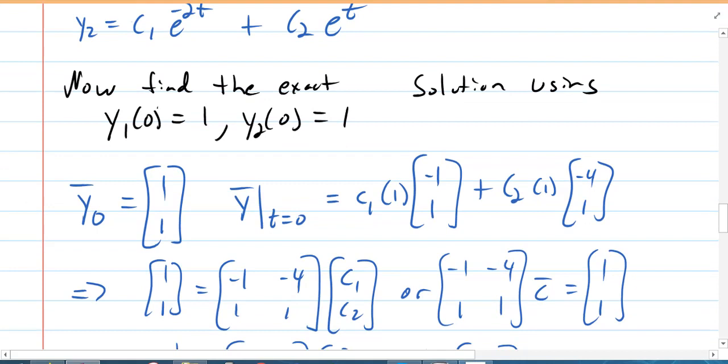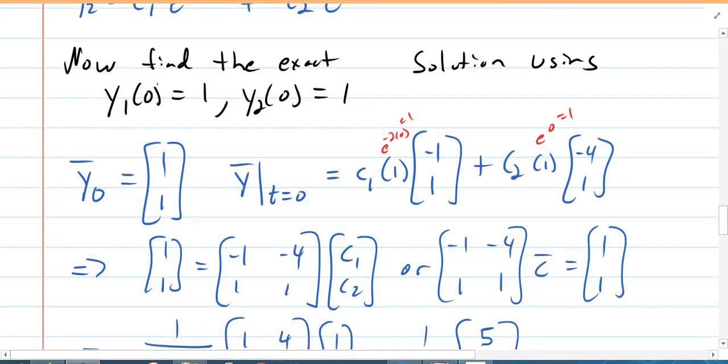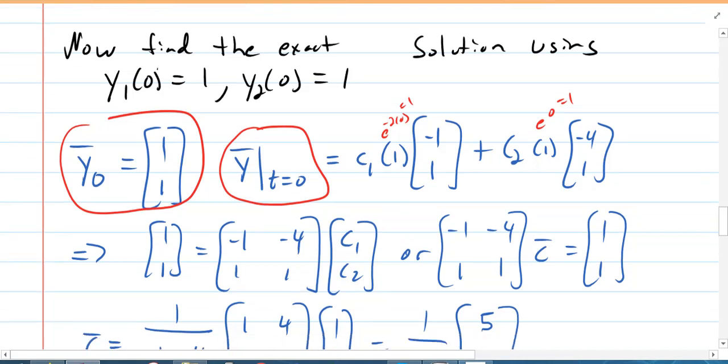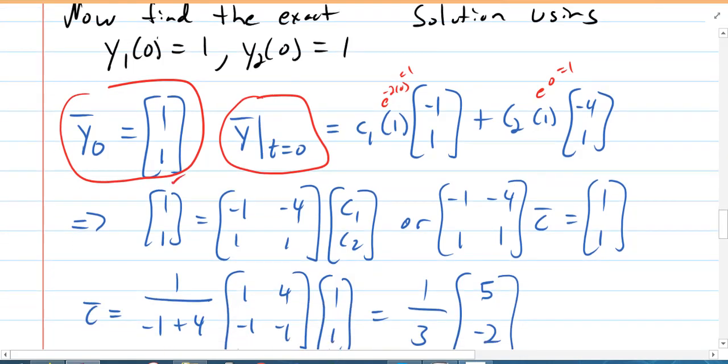So, right, this is e to the minus 2 times 0, and this is e to the 0 equals 1. Okay, and so here are the initial conditions. Here's what our equations are at that initial condition time t equals 0. They have to be equal to each other.